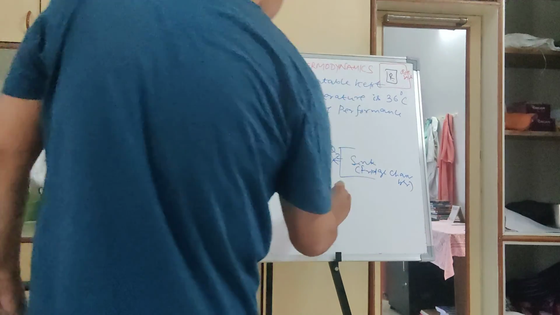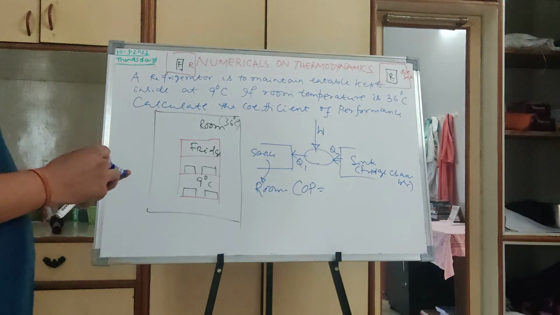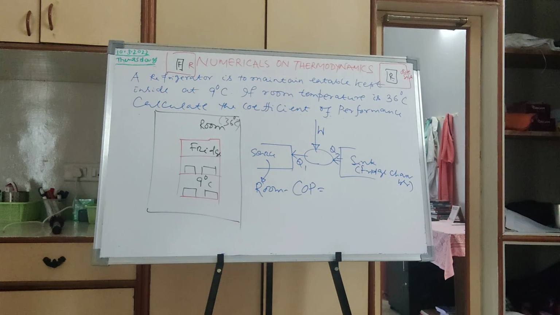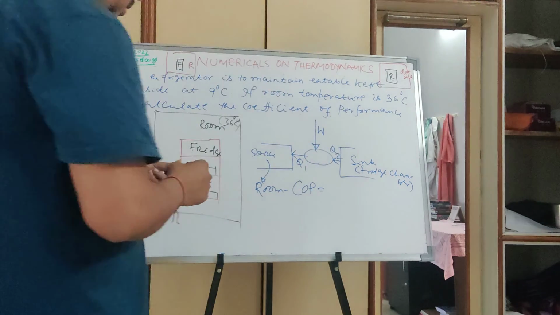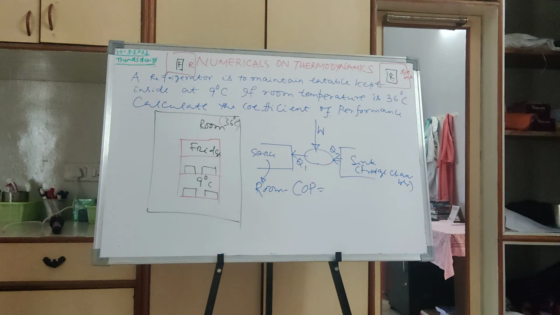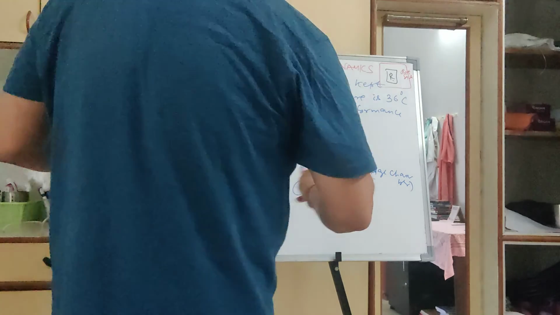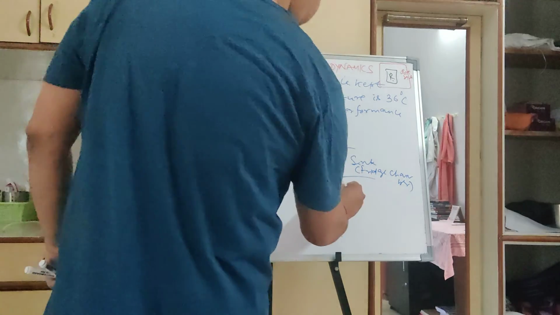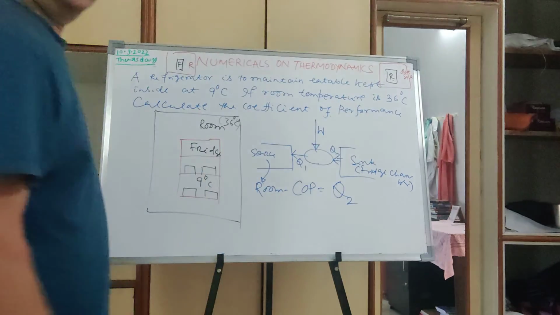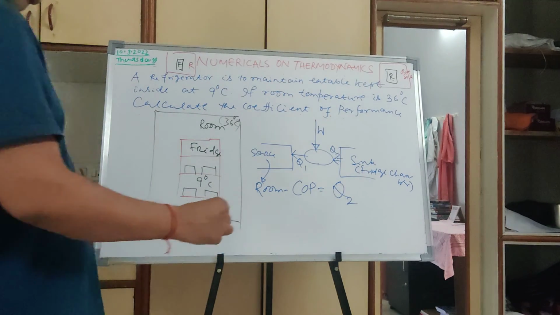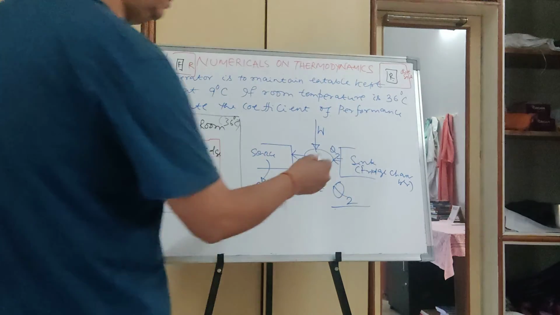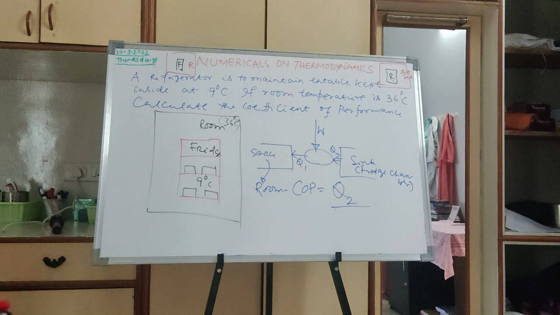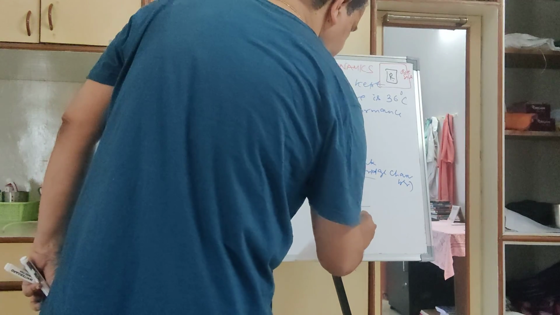So you know your COP is nothing but, what is your performance measure here? It is how much heat you are extracting, right? So how much heat I am extracting, that is my performance measure. That is otherwise called the Q2. Okay, and how much energy you are spending in extracting heat Q2, that is W, right?